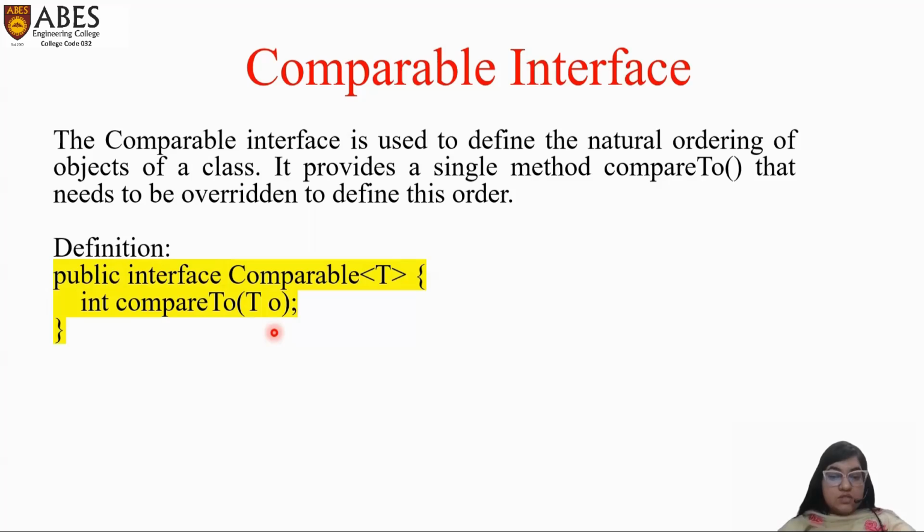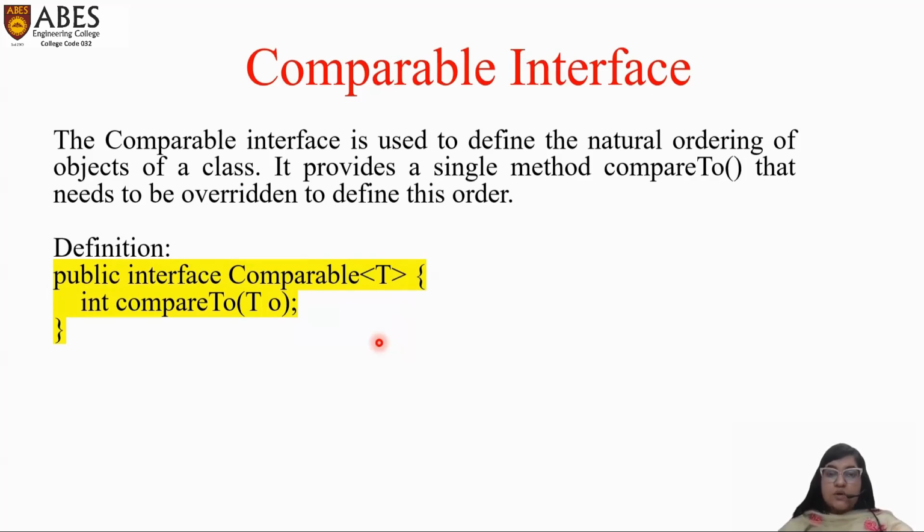It returns 0 if the current object is equal to the specified object. Your third condition is it returns a positive integer if the current object is greater than the specified object. So here is the definition of the comparable interface. Kindly note it down and please use it in your examination.